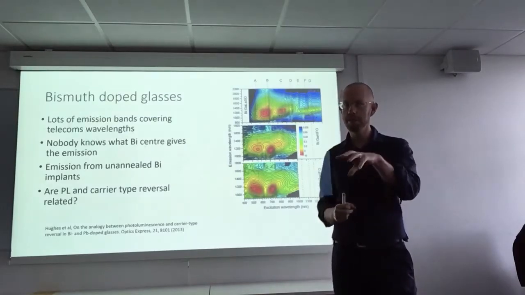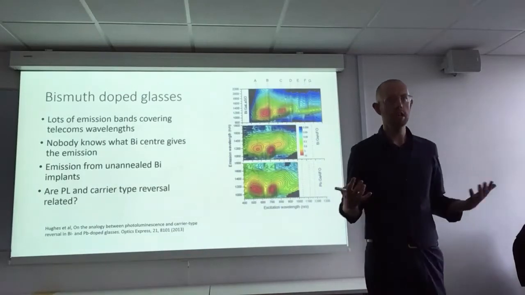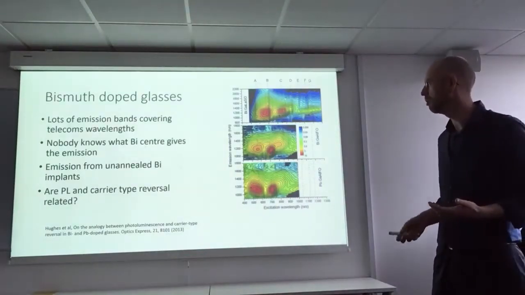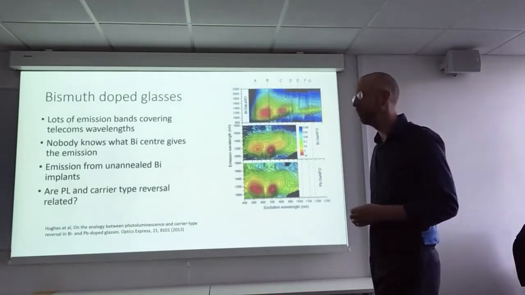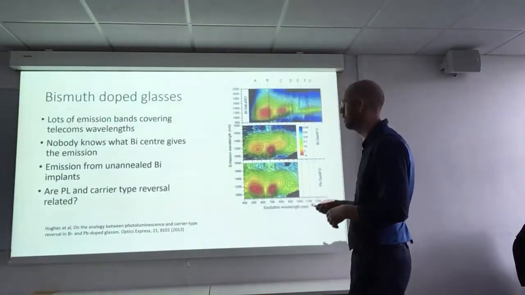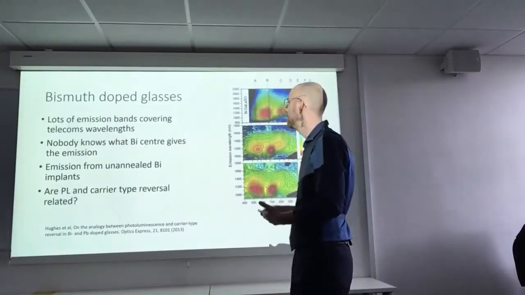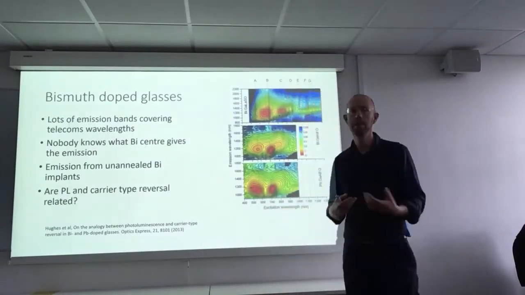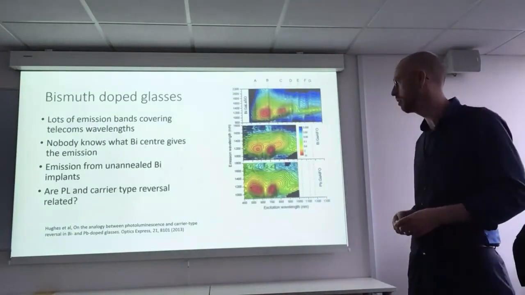Is it bismuth metal? Is it a cluster of bismuth? Nobody knows what it is. So this is what I've been spending most of my research career looking at, trying to understand what bismuth centre gives off this light, and then how we could build some useful optical devices like amplifiers and lasers using this.